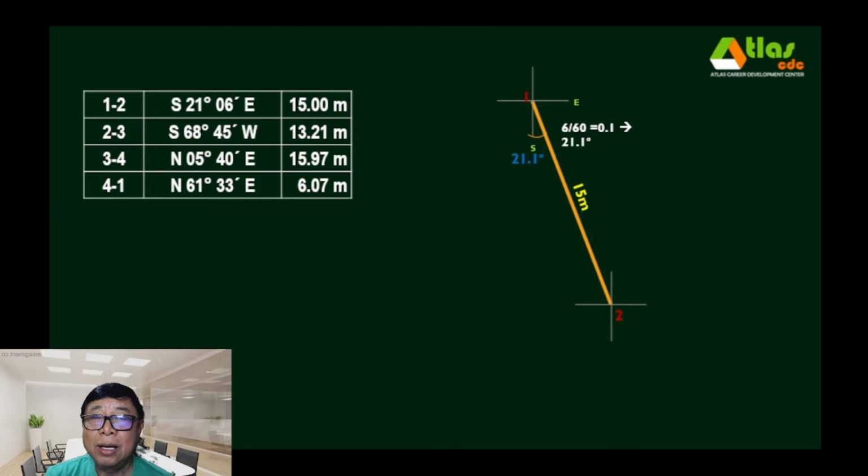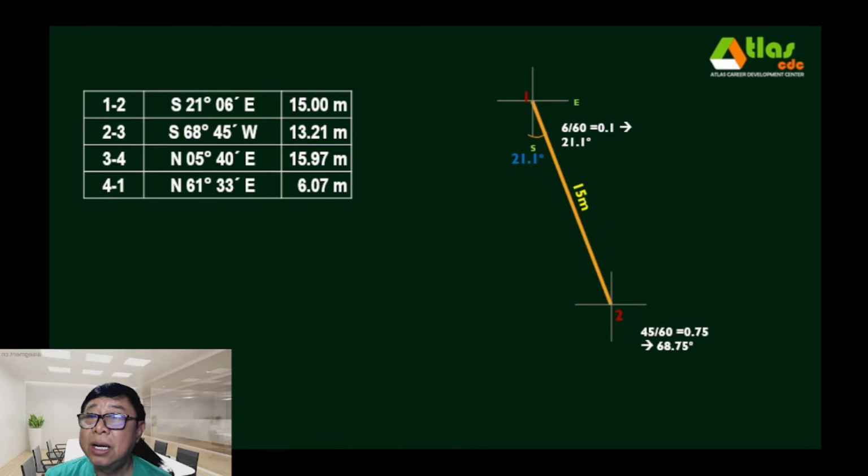And then for point 2 also, we draw an axis and then again determine the angle. We have 68 degrees 45 minutes, so we convert 45 minutes into degrees, so just divide it by 60 will give you 0.75 degrees. So our total degrees now will be 68.75 degrees.